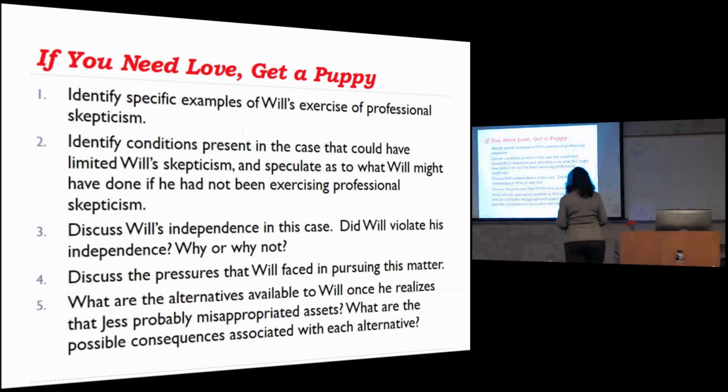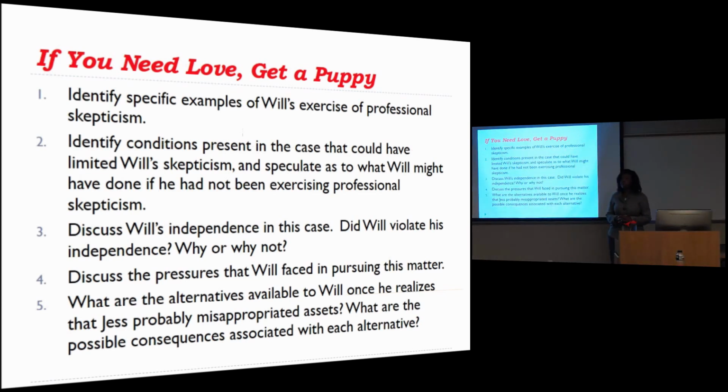Identify how the auditor showed professional skepticism. What might he have done if he wasn't exhibiting professional skepticism? Was he independent? Did he violate his independence? Why not?